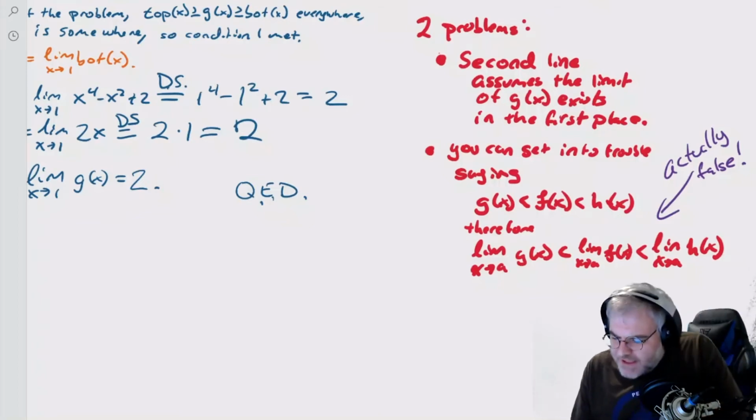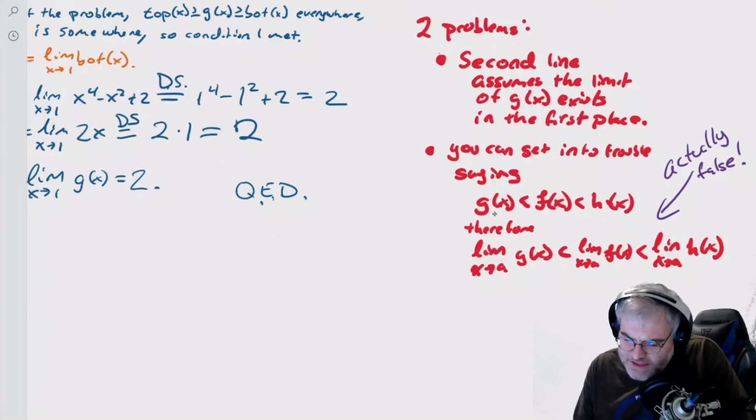Can someone give me an example of a function that is always less than another function? Okay, but their limits are equal.